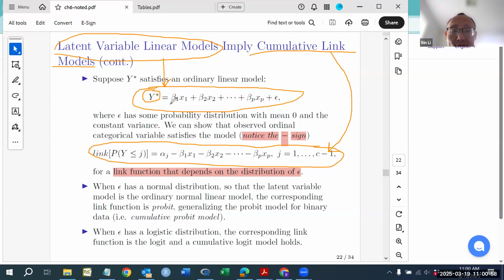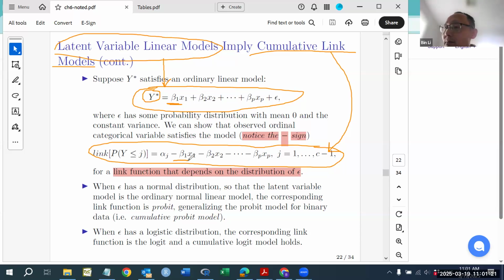The tricky part is, for the latent variable linear model, look at the betas for the x. The coefficient for x1 is beta 1. But what about the coefficient for x1 here? It's negative beta 1.